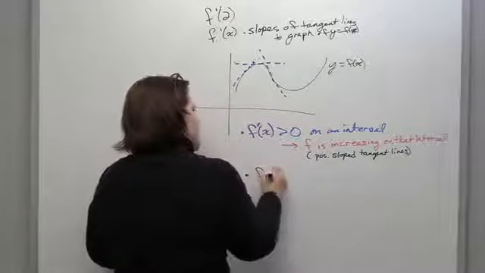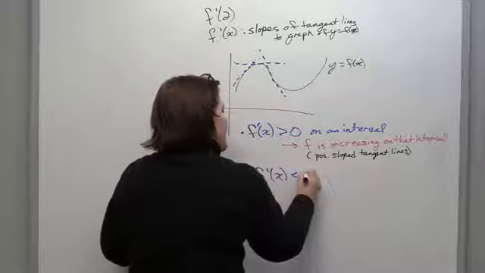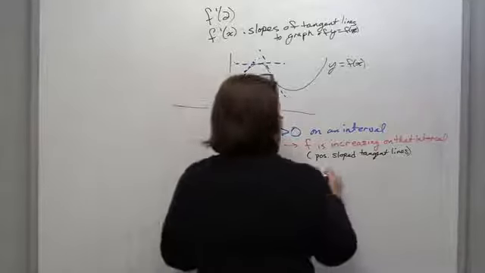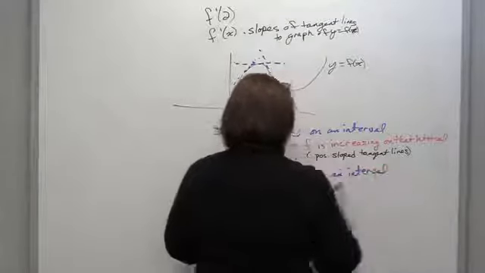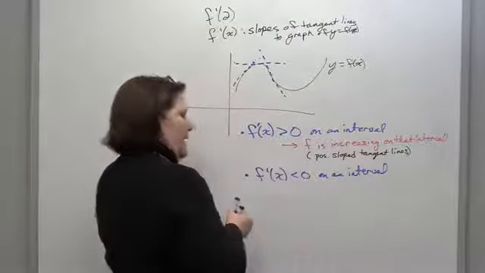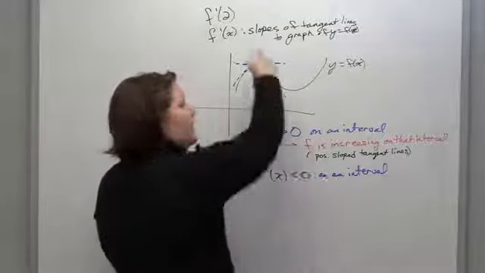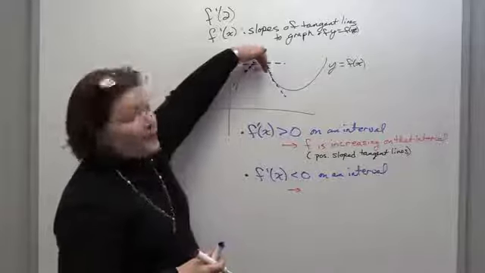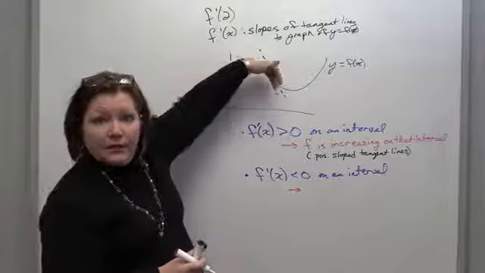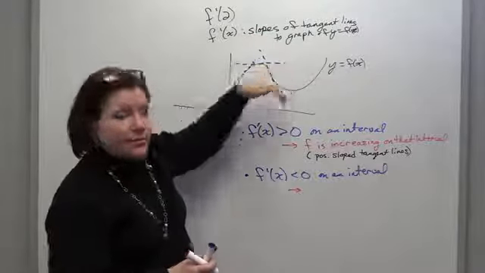Likewise, when f prime is negative on an interval, again, we can think of the idea of slopes of tangent lines. When f prime is negative, that means we're going downhill. The slopes are negatively sloped.